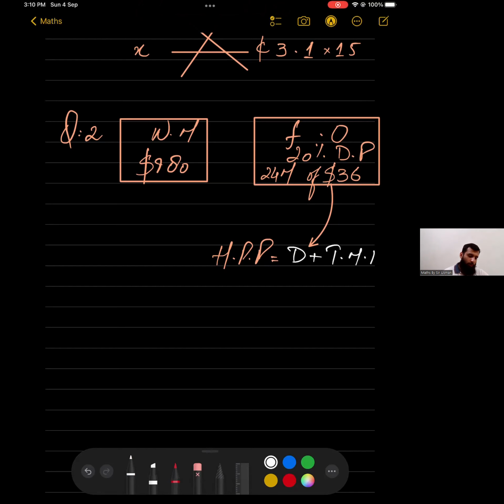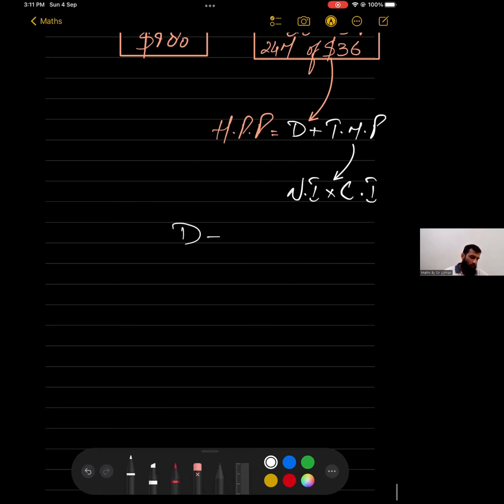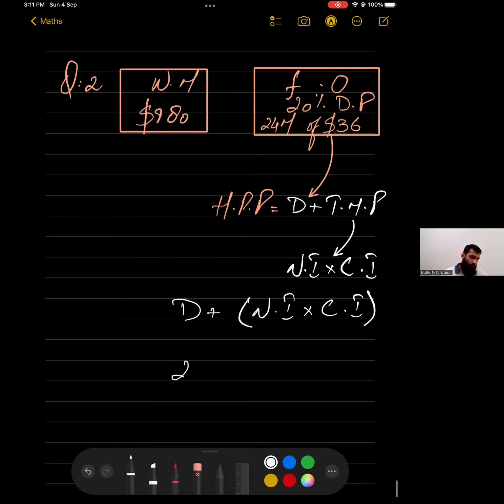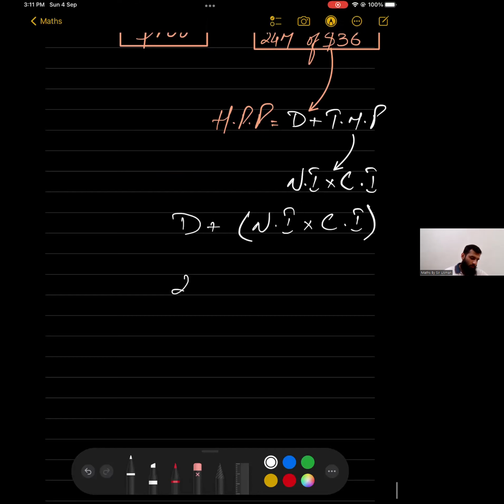Very good. अब total monthly payments कैसे निकलेंगे? Very good, Usma. So we have number of installments times the cost of installment. So basically आपने deposit को add करना है with this particular product, which is number of installments times the cost of installment. The deposit was 20%.